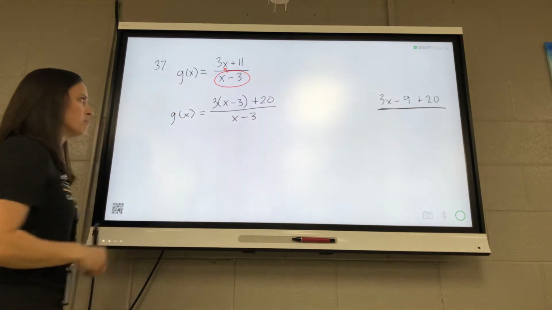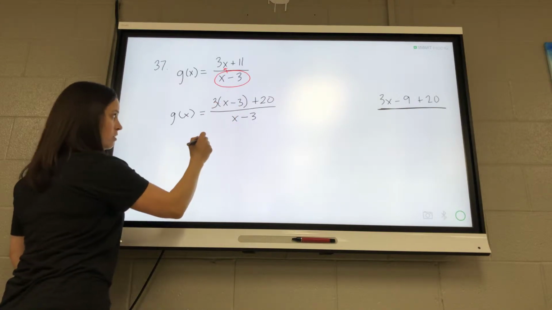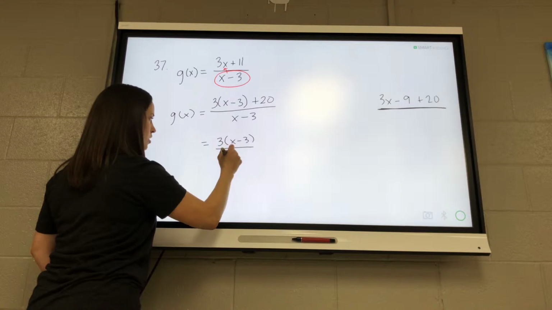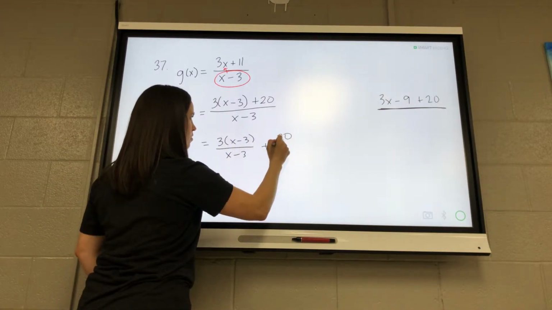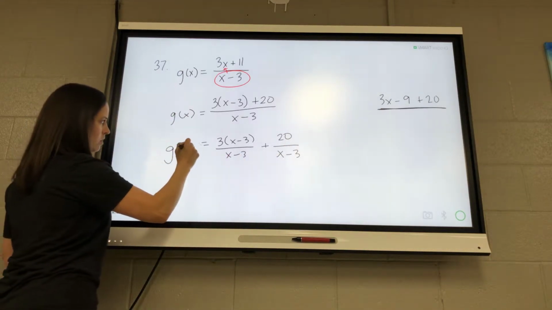Alright, so we're here. On the top, we're going to separate those out. So I now have 3 times x minus 3 over x minus 3 plus 20 over x minus 3. This cancels.